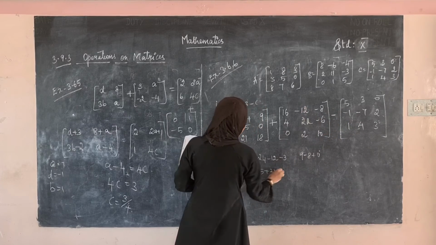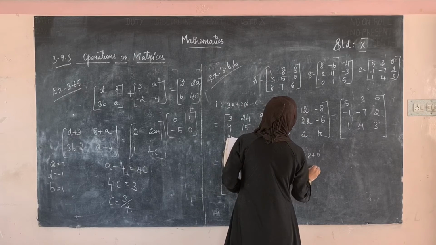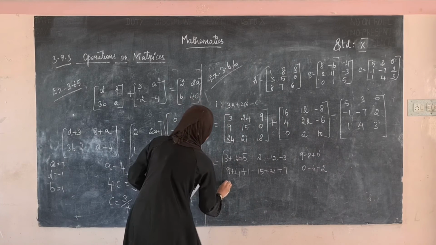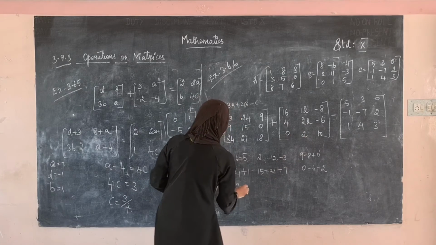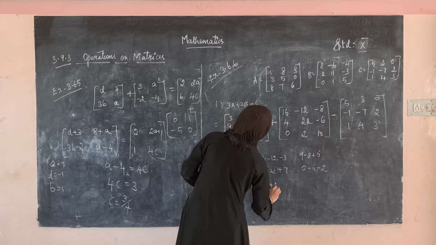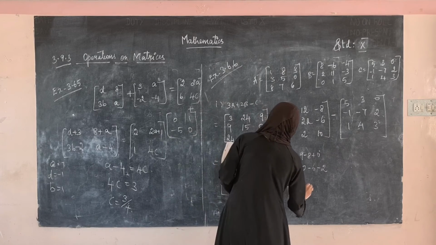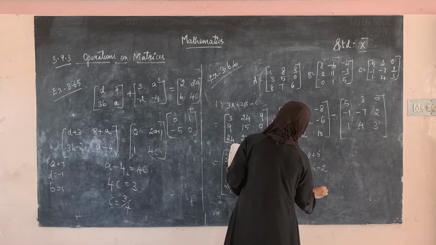Minus of minus 7 is plus 7. Then here it is 0, minus 6, minus 2. 24 plus 0, here it is minus 1. 21 plus 2 minus 4. 18 plus 10 minus 3.